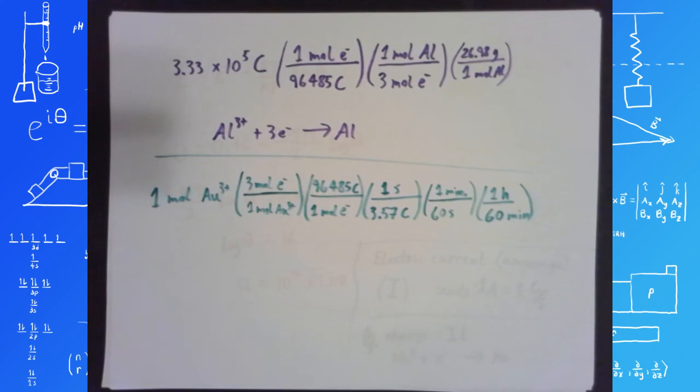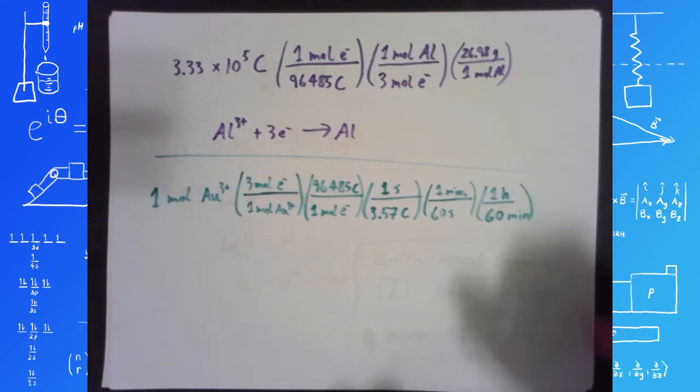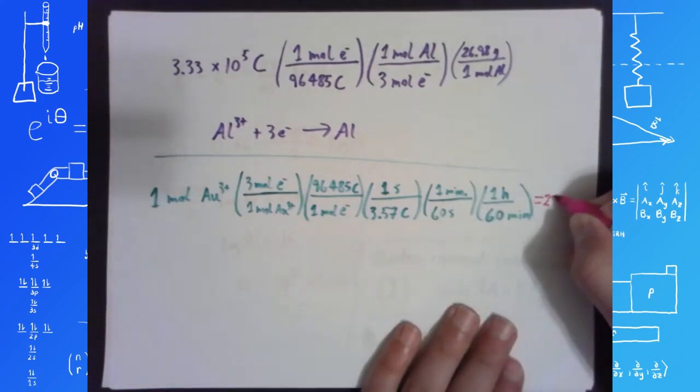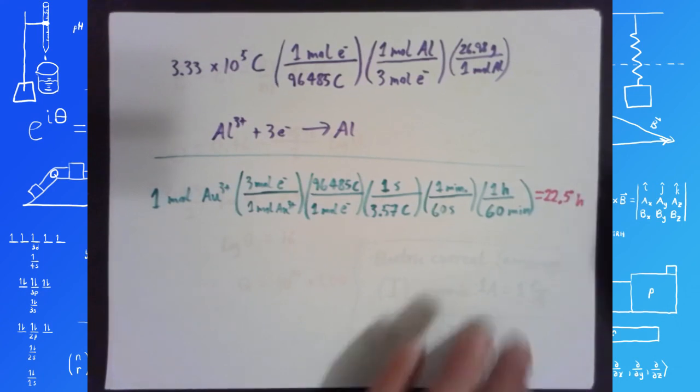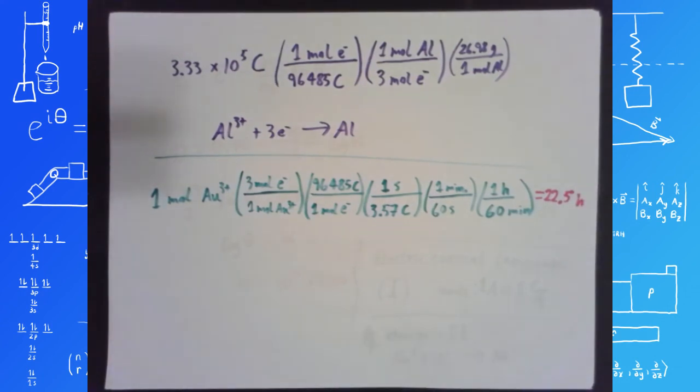Then 81,100 divided by, I'm just going to go straight to hours, so divide by 3,600, and that's 22.5 hours. That's going to take 22.5 hours to put out 1 mole of gold.